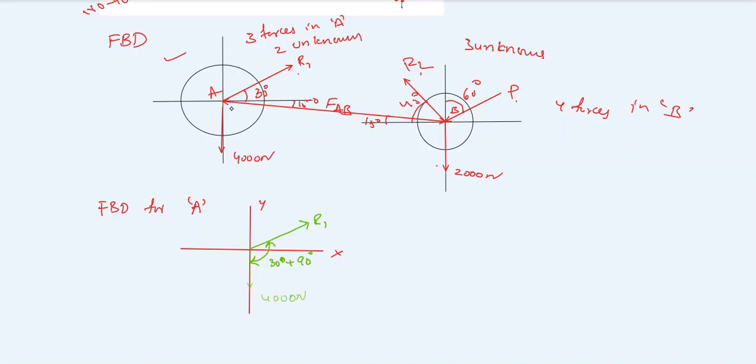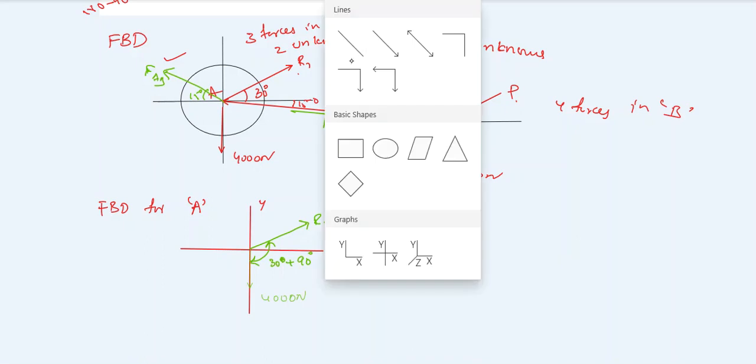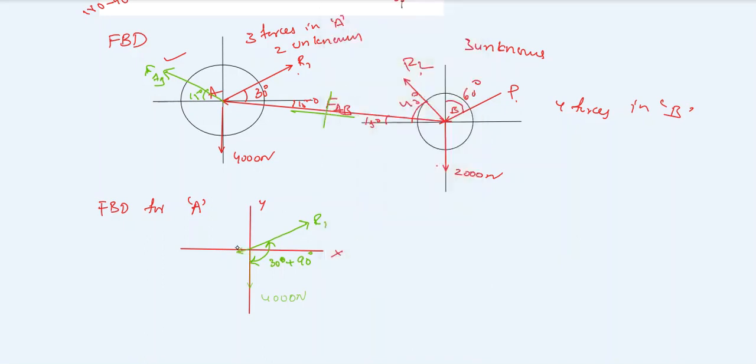If you use the law of transmissibility, you can transfer this force to here, FAB. So if you draw x and y axis, you can see this is in first quadrant. So I am going to draw FAB in first quadrant, which makes an angle 15 degrees to the horizontal. Now draw FAB 15 degrees with x axis.